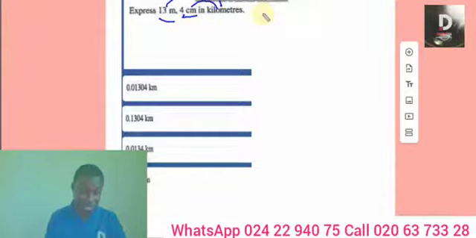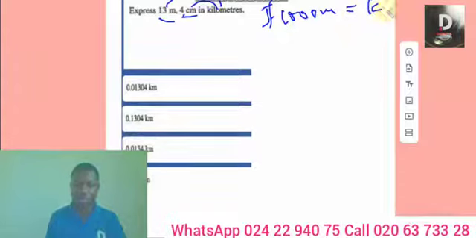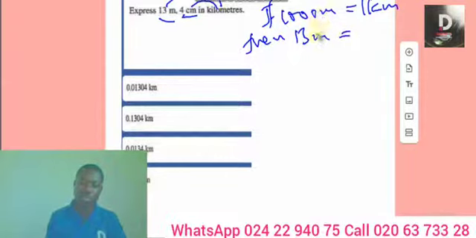What's the conversion rate between meter and kilometer? Meter to kilometer is 1,000. So if 1,000 meters give me 1 kilometer, then 13 meters will give me meter over meter. You know that. Are you expecting more or less? It's less.